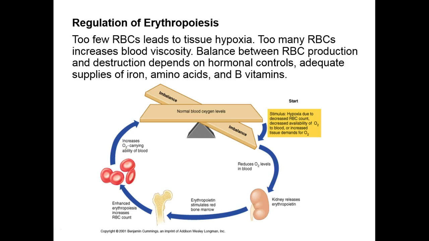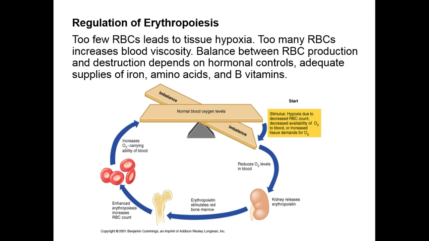And then what you have is this negative feedback system, which you probably haven't heard enough about because almost everything in the body is negative feedback. If blood levels are not balanced, toward hypoxia, this can be due to bleeding, or red blood cells dying off too fast, or it could just be time to make some red blood cells.